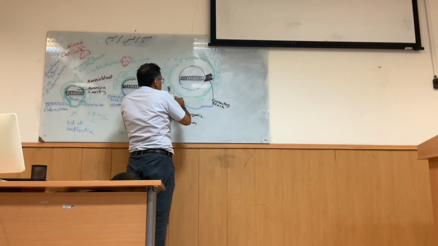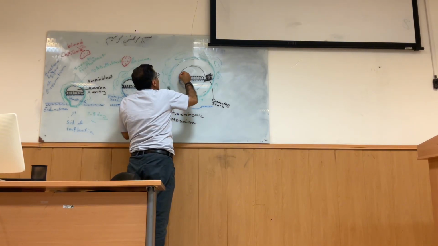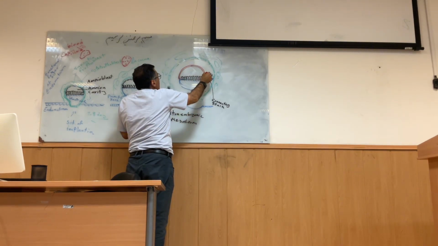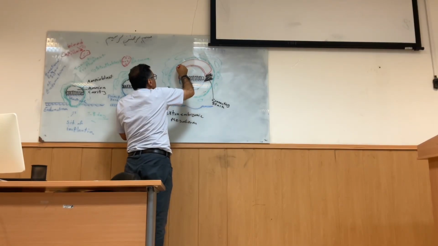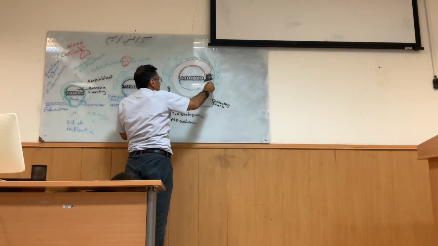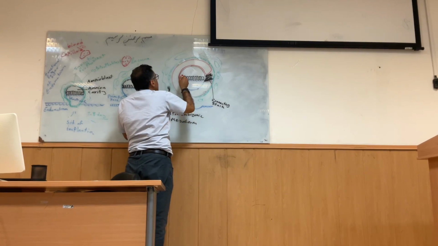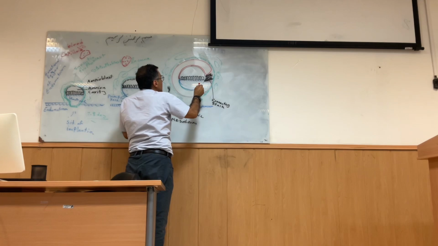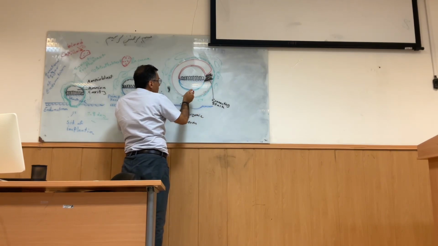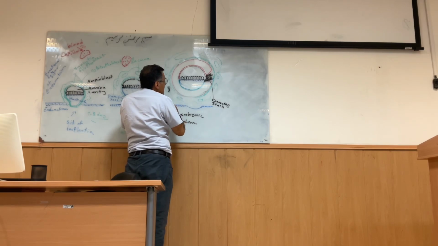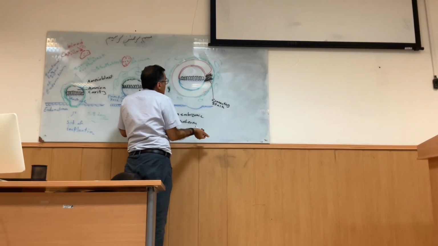When the cavity is formed, the mesoderm is divided into 2 parts. These red parts, these green parts. And one cavity. The cavity is named extra embryonic cavity or chorionic cavity.